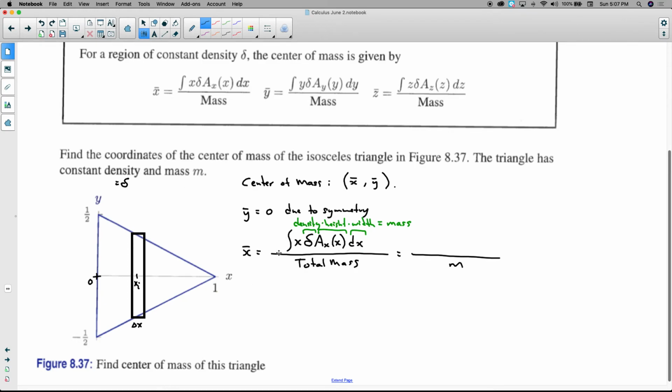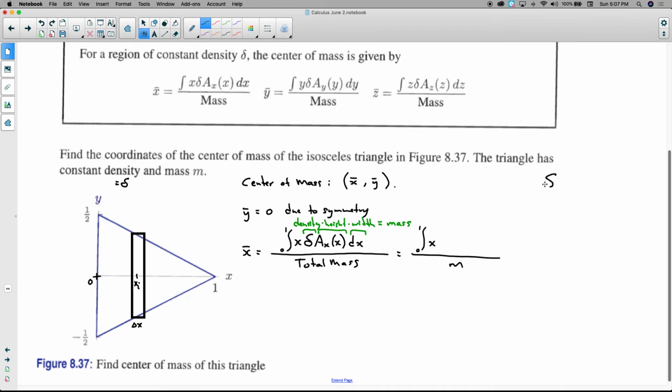It's going from 0 to 1, right? That's where we can position these strips anywhere from 0 to 1. So then we'll come back over here. We've got 0 to 1. We've got x. Can we come up with what the density is?